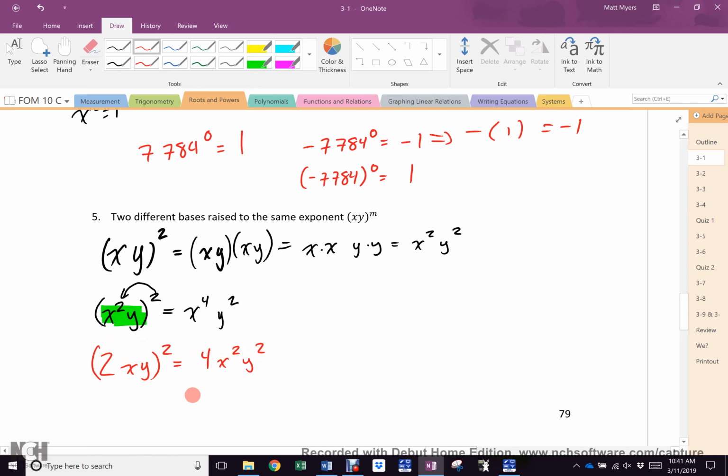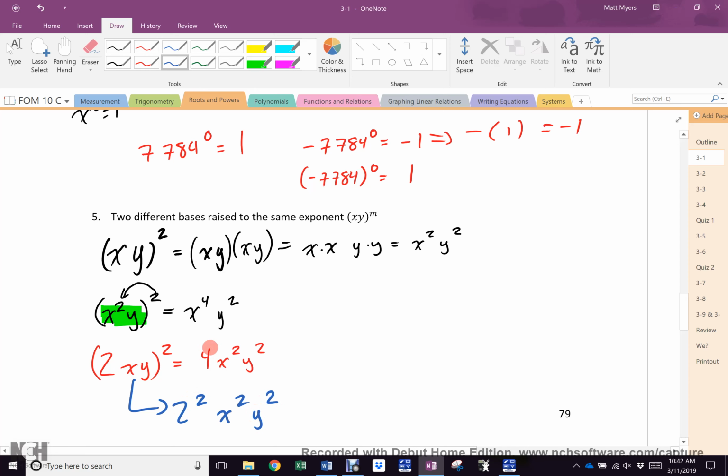So it becomes 2 squared, x squared, y squared. And 2 squared we would never leave because our goal in math is to have our final answer look as simple as possible, correct? And 2 with an exponent isn't as simple as we could write it. It's simpler to write 4.